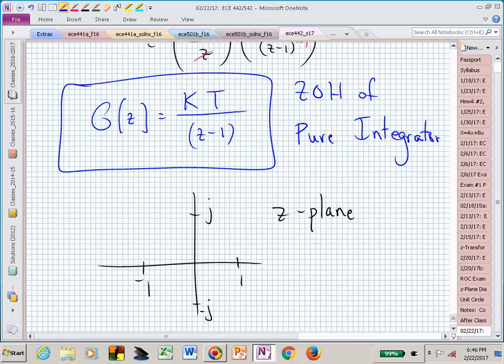You have one pole at 1, correct? And is that consistent with a pure integrator in what you're used to thinking in the S domain? Just a pole at the origin. Now the origin corresponds to Z equal 1 in the Z plane. So you now know how to zero order hold equivalent of a gain, of an integrator, and of a double integrator, and we'll move beyond that next time.